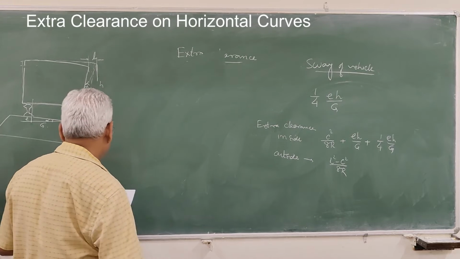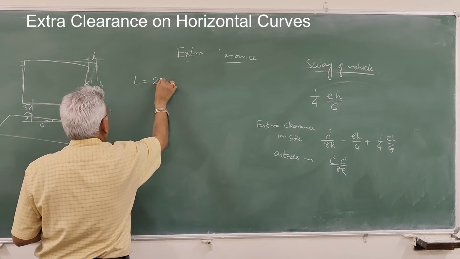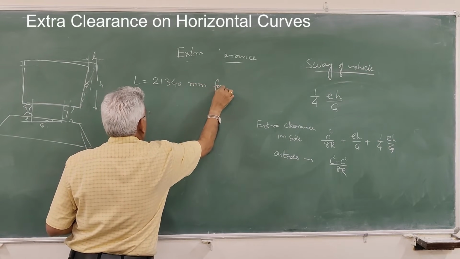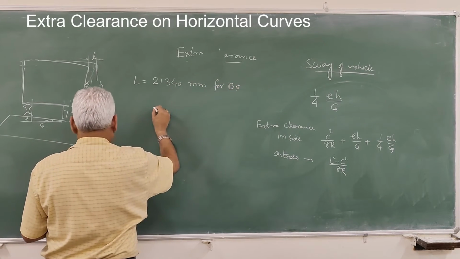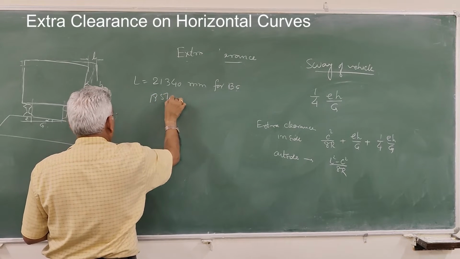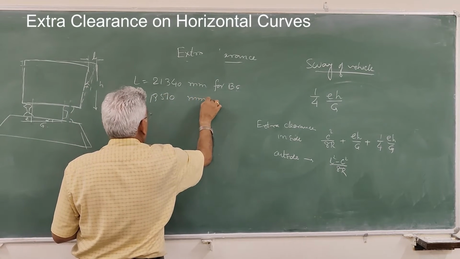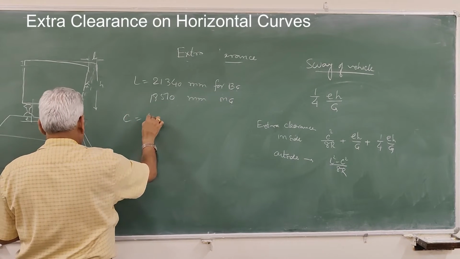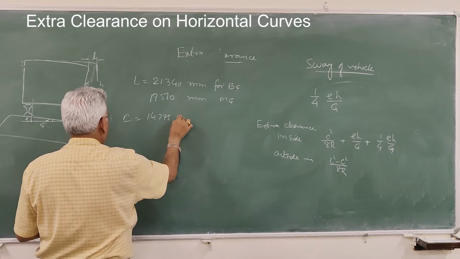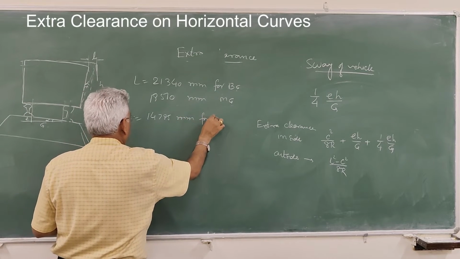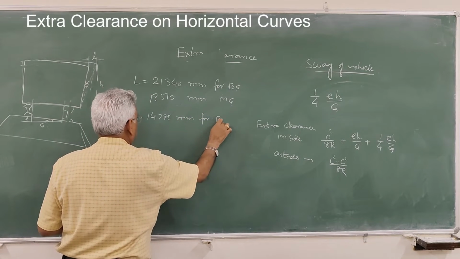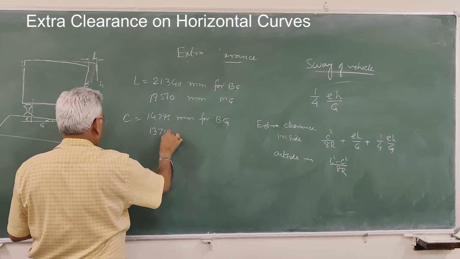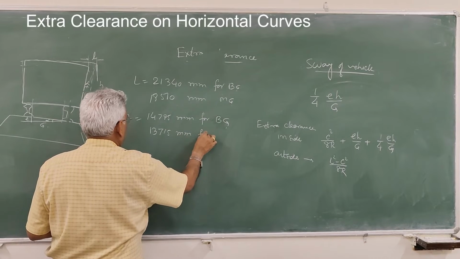L is 21,340 millimeter for broad gauge and 19,510 millimeter for meter gauge, and C is 14,785 millimeter for broad gauge and 13,715 millimeter for meter gauge.